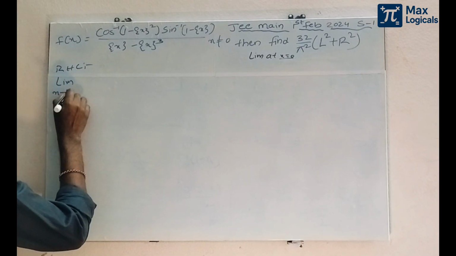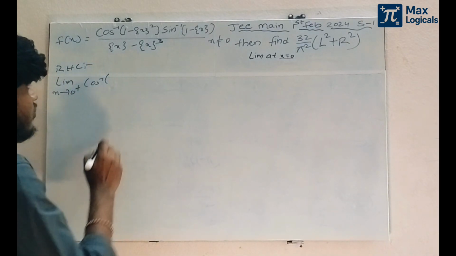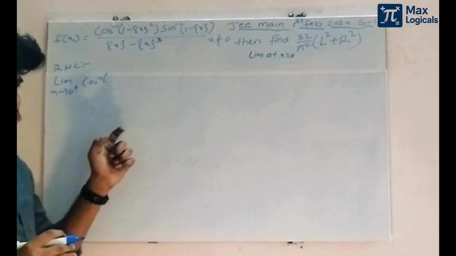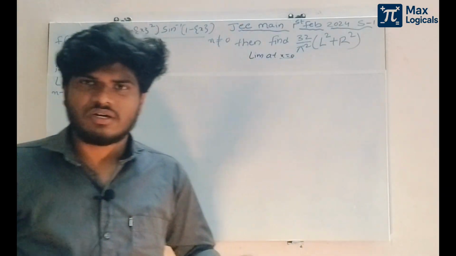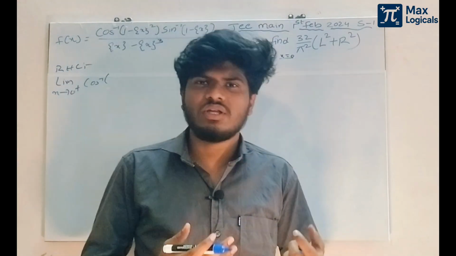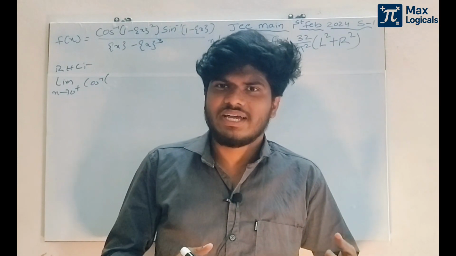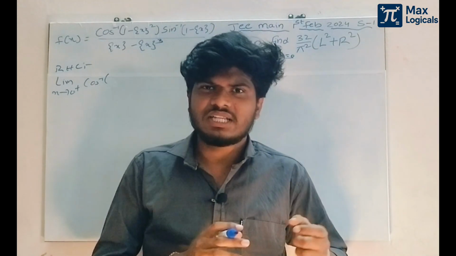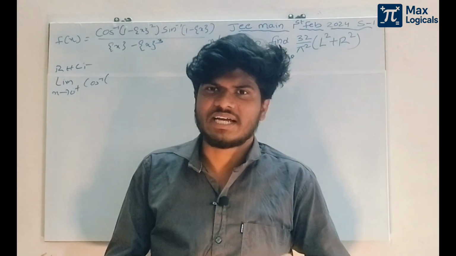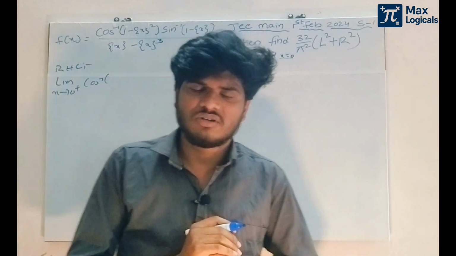Here we know the fractional part of x. Those who don't know what the fractional part of x is, I already posted a video on fractional part functions, so please see that video also.